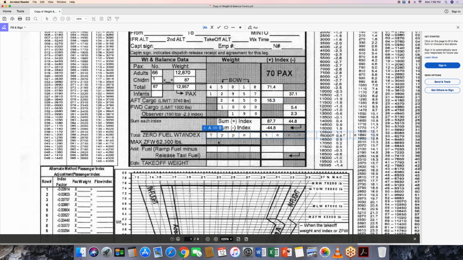Okay, 2450 plus. It is 61,585. Okay. And what's our index?